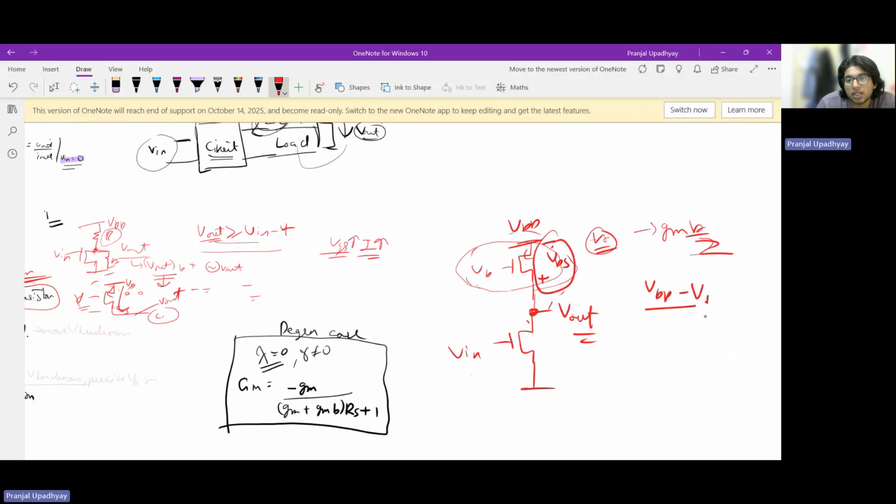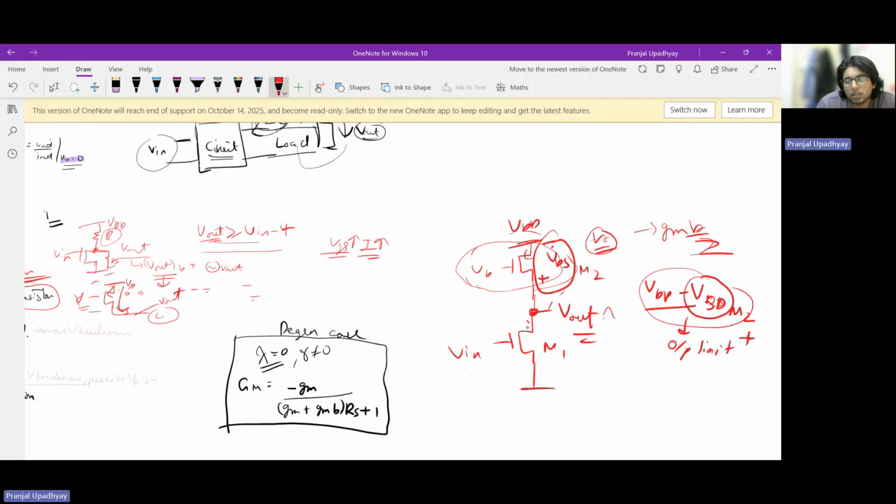So it can be at most VDD minus VDS or VSAT rather, since we are talking about the PMOS load or M2. So this is the output upper limit on the swing here.